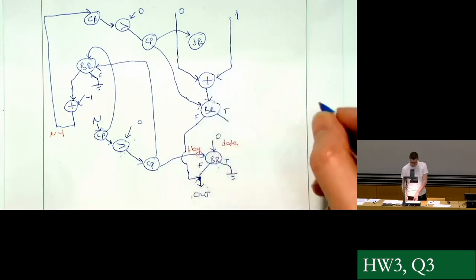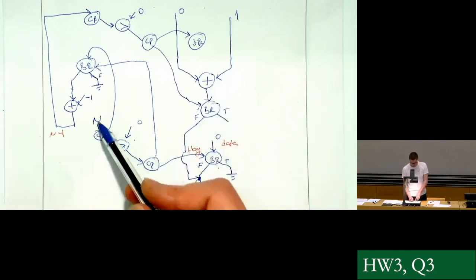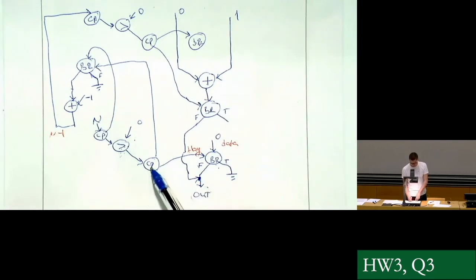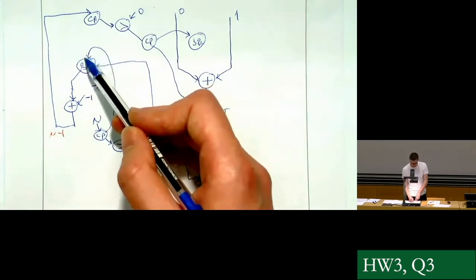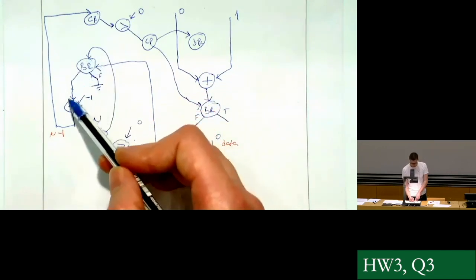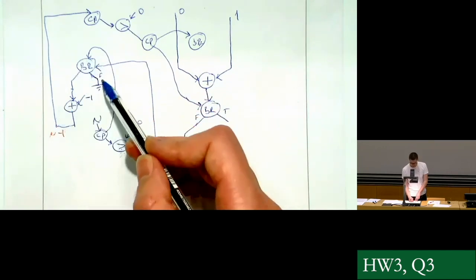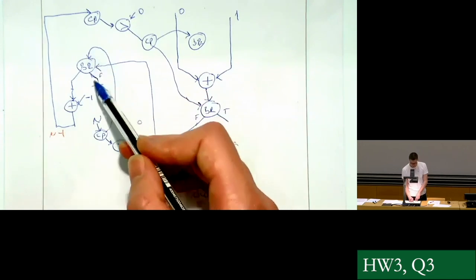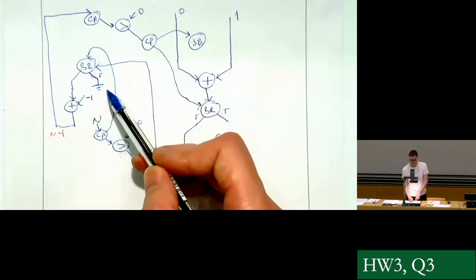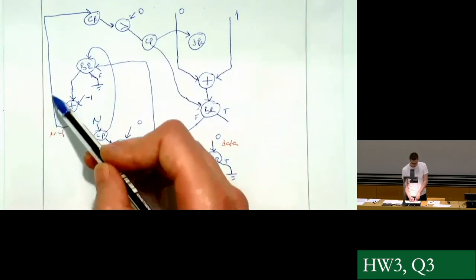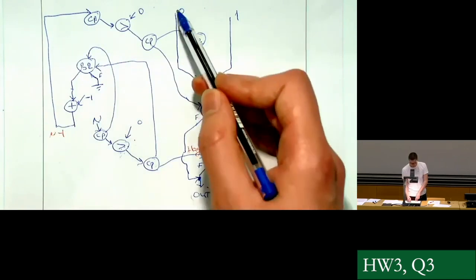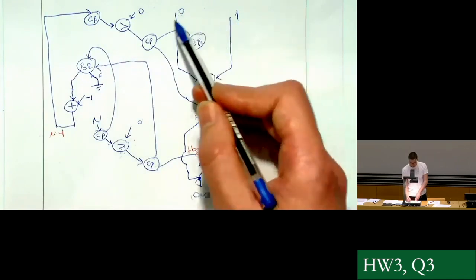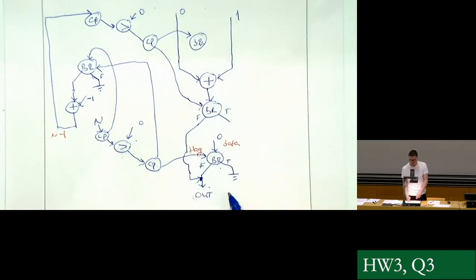For example, for the n equals 1 case, this will generate true, and then this value will just be consumed, and this true will go here, and this will cause n minus 1 to be generated. If this was false, n minus 1 would not have been generated because it's grounded here. Okay, n minus 1 is generated, and then it's forwarded here. And this is basically the sum of 1 and 0, which is forwarded to the out.